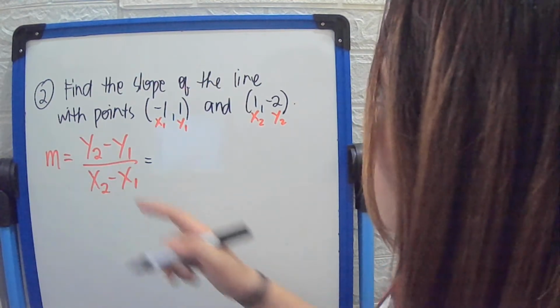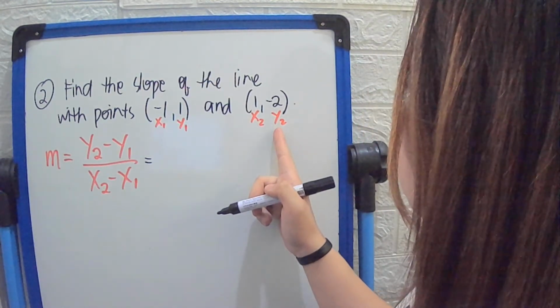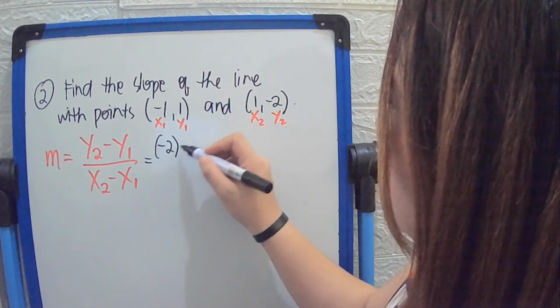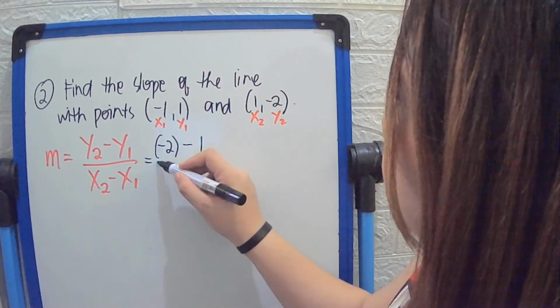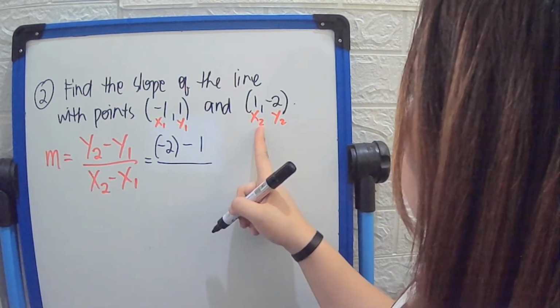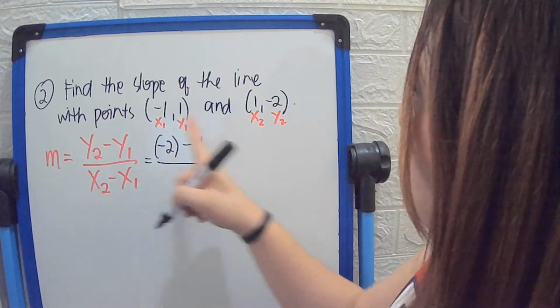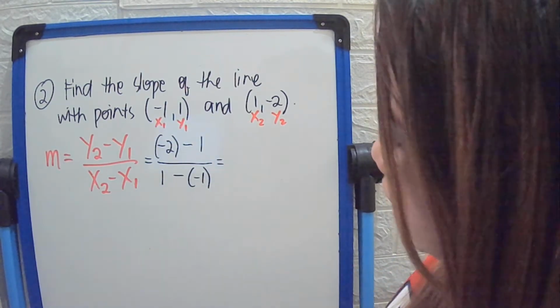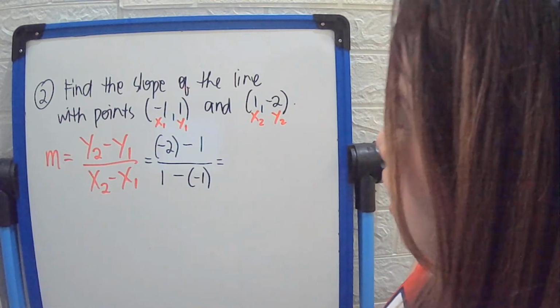Okay? Now, let us substitute the values in the formula. So, y sub 2 minus y sub 1. So, negative 2 minus 1. So, you put parentheses for negative minus 1. In the denominator, x sub 2 minus x sub 1. So x sub 2 is here, 1 minus negative 1. Then apply the laws in subtracting integers.